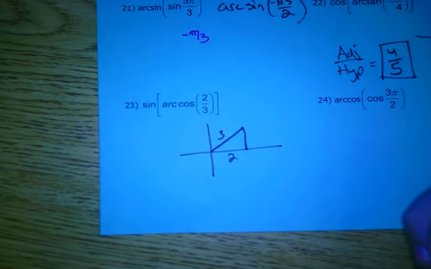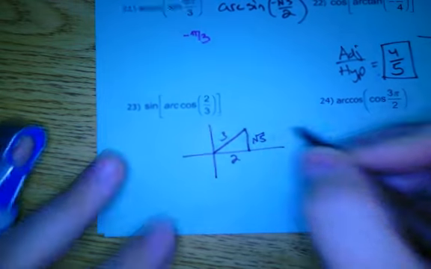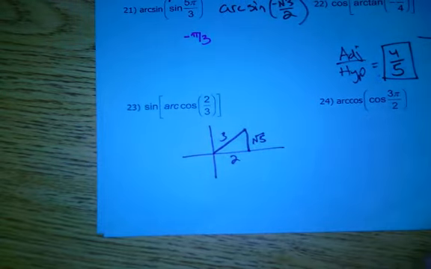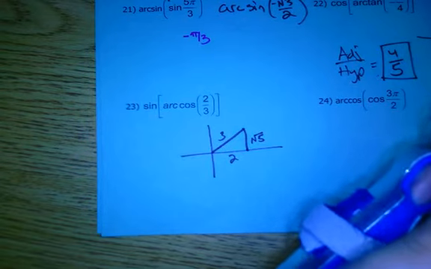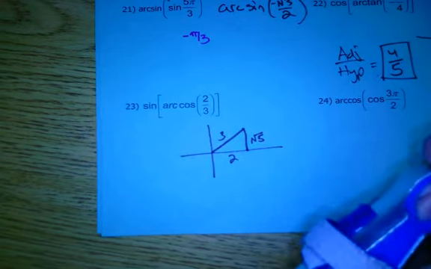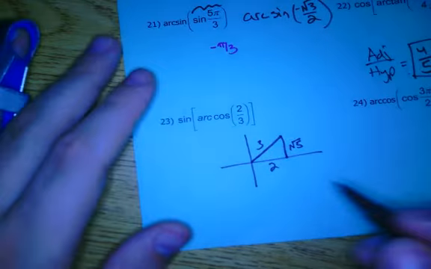Pythagorean theorem. Root 5. Sorry, I just did some geometry in my head. 2 squared plus root 5 squared is 3 squared. And then, what's sine of that?